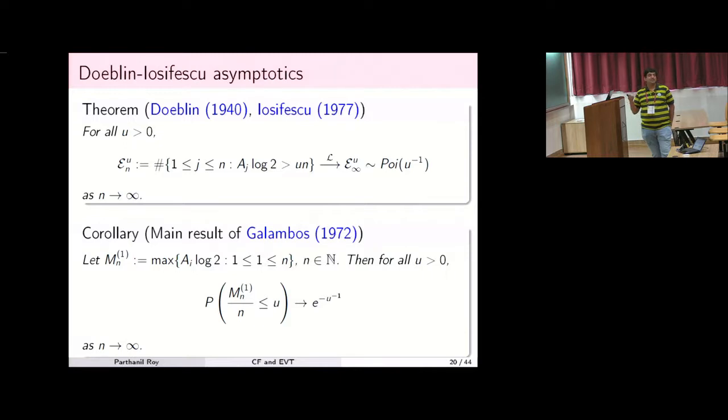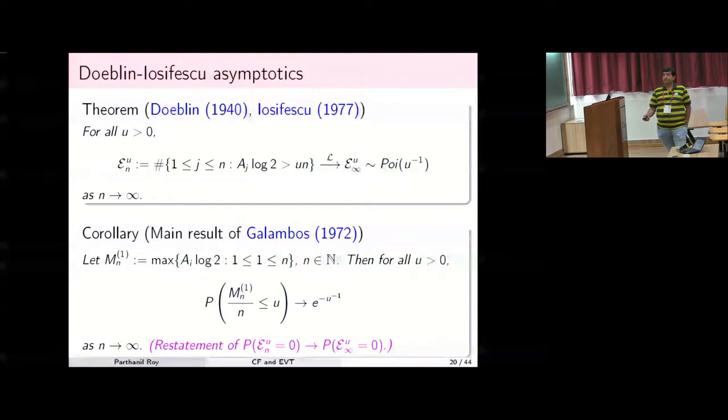But independence is there in the sense of mixing, and therefore this will still go through. This is just a restatement of the probability of this guy being equal to 0 going to this guy going to 0. But Galambos didn't know that because this paper wasn't known and there was a mistake as well. So this is the first correctly proven result in extreme value theory for Gauss dynamical systems or continued fractions.